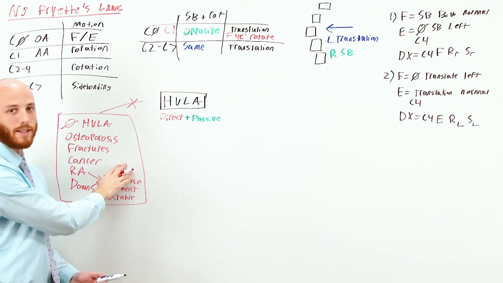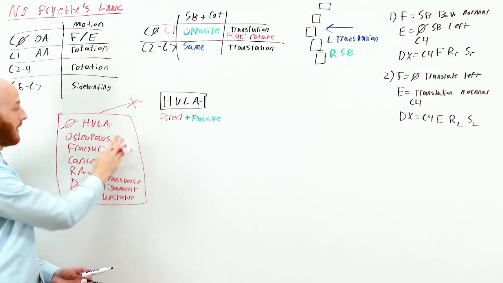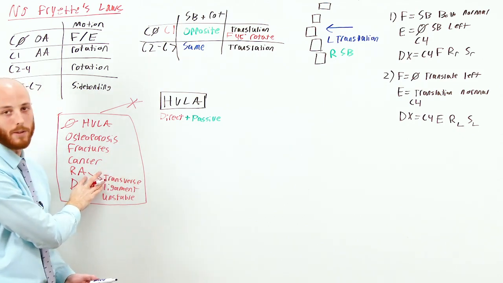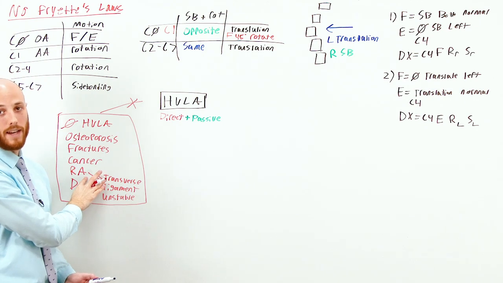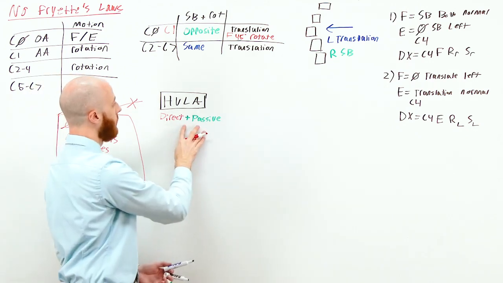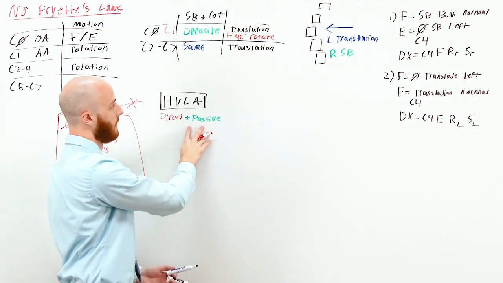Easy way to remember this is that older individuals, like Granny, might have osteoporosis, fractures, cancer, maybe she's got rheumatoid. Don't be cracking Granny's neck. Choose something else. So there are two different types of HVLA treatments.